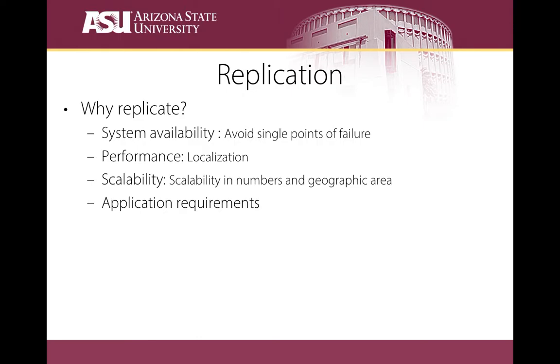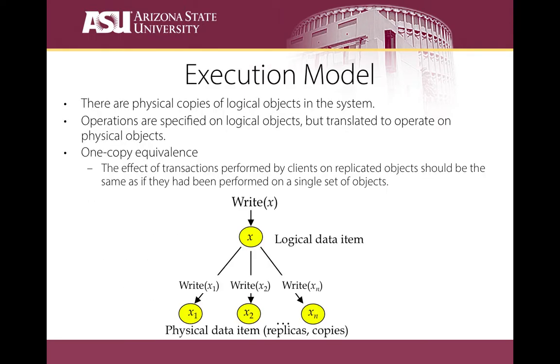Let's start with a very simple way to do that. So you have a data item, and this data item is called X. But this is the logical data item, the logical view.